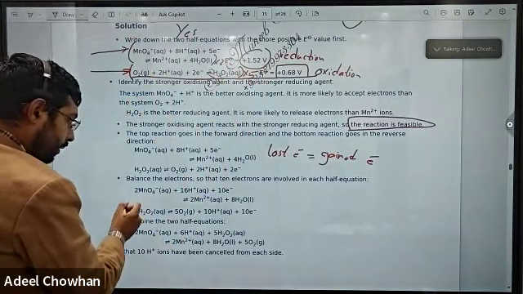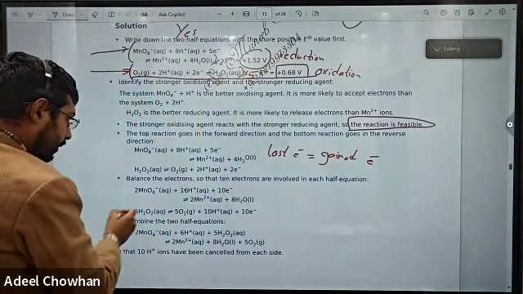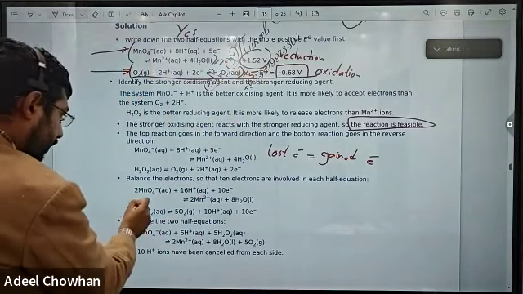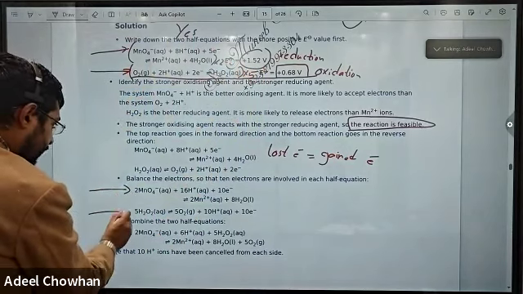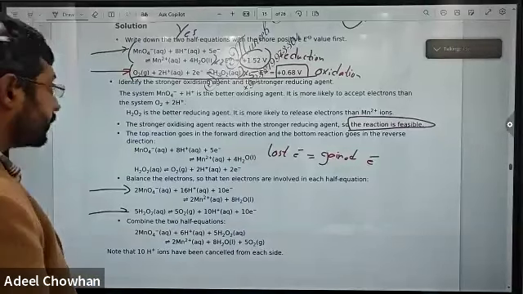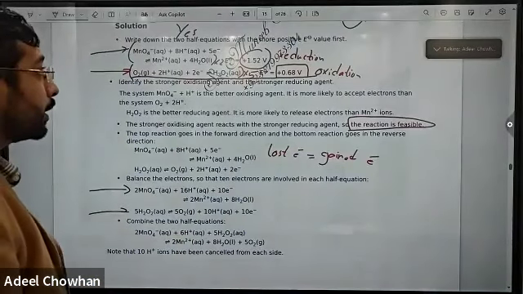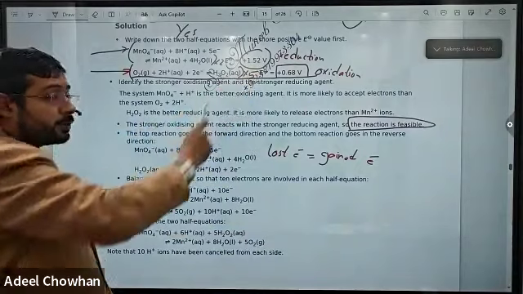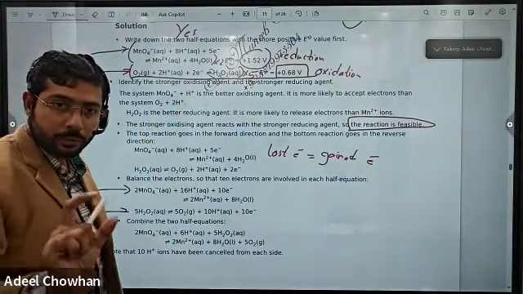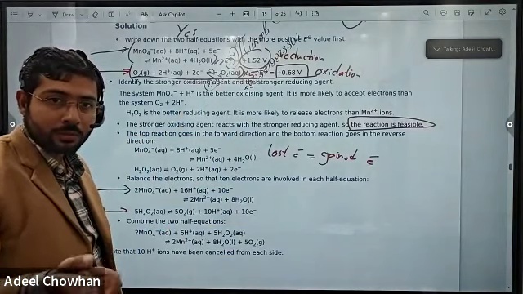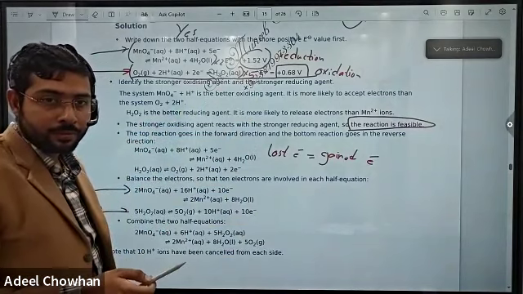Okay, here are the two reactions. This is one reaction, and this is the second reaction. And one more thing. When you have decided which is going to show the oxidation and which is going to show the reduction, you have to flip the equation. So which one will be flipped?